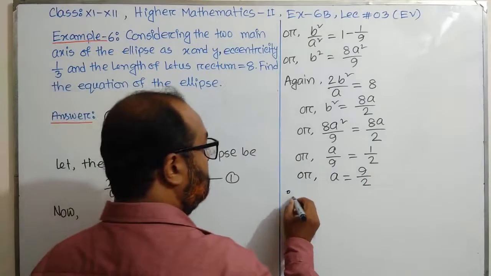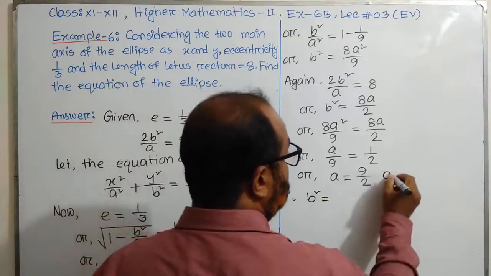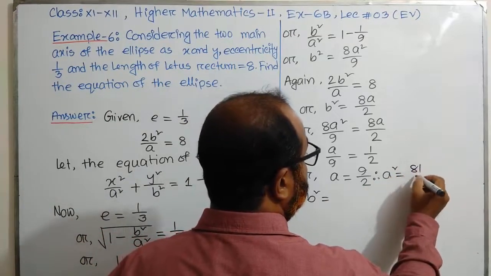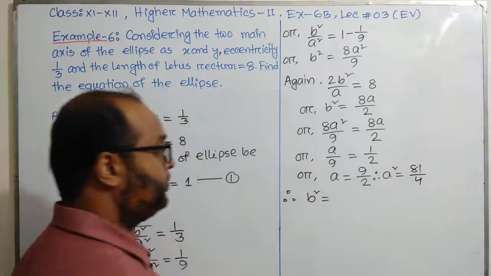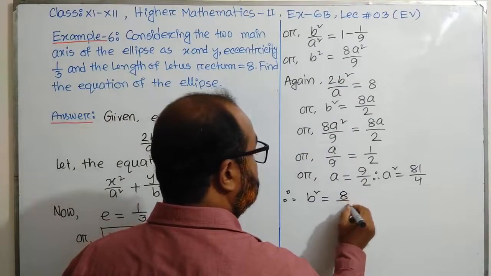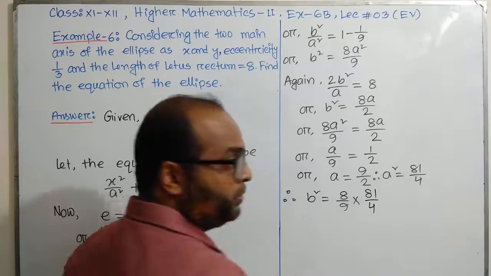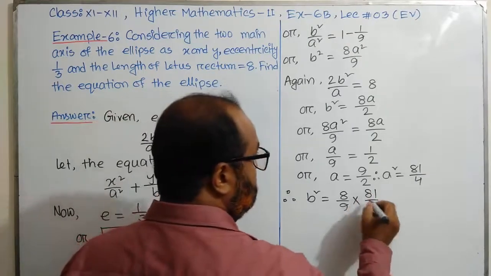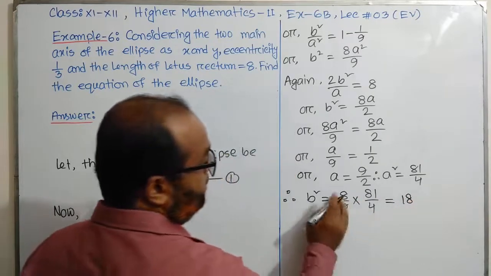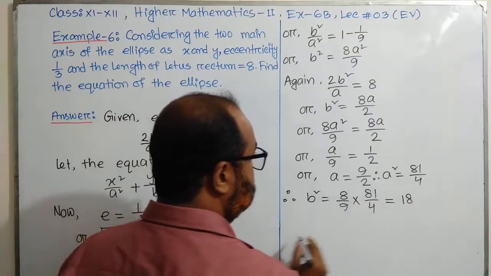Therefore a square equal 81 by 4. Okay, now b square equal 8 by 9 into a square, that means 81 by 4. So this equal 18. 4 2s are 8, 9 9s are 81, and 9 2s are 18.